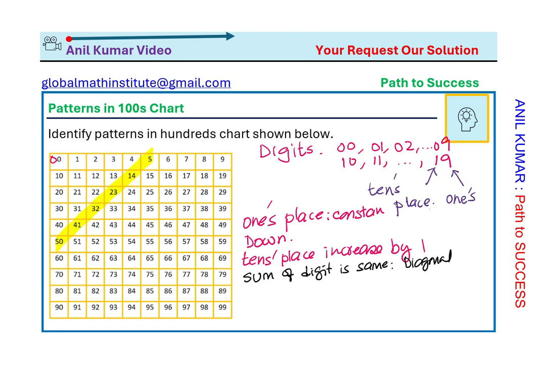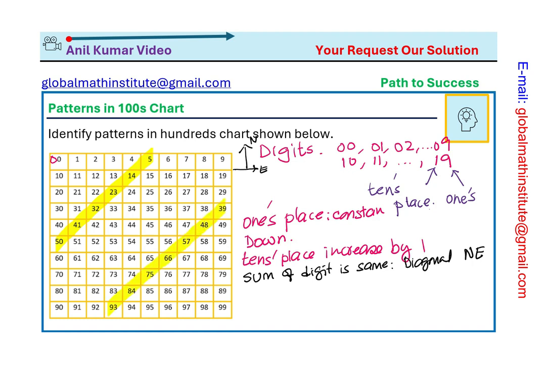Now, in this case there is a direction, right? You are going diagonally right and up. So you can say northeast, assuming that this is north for us and that is east for us. If you go northeast, then the sum of the digits is the same. You can check some of the diagonals.